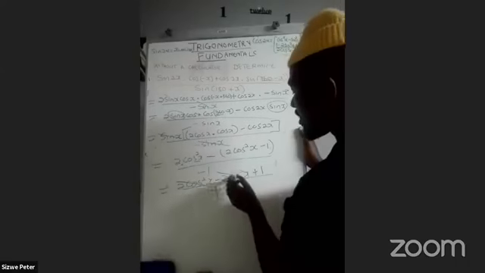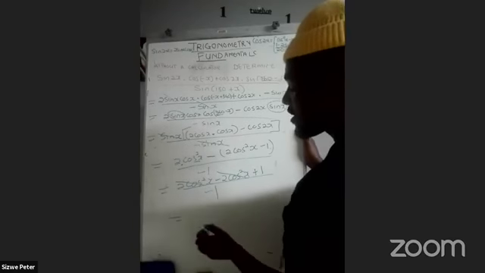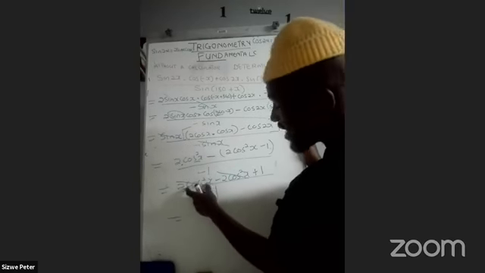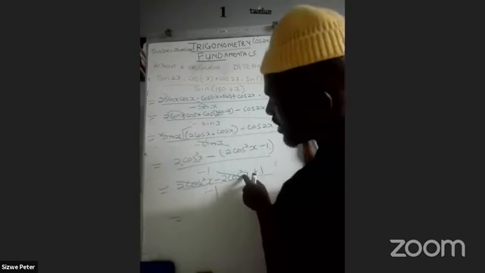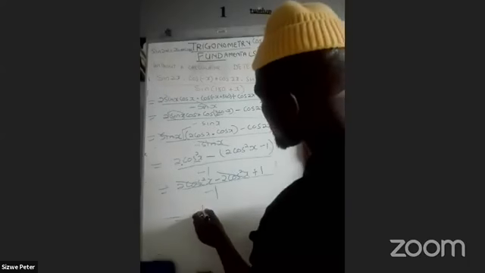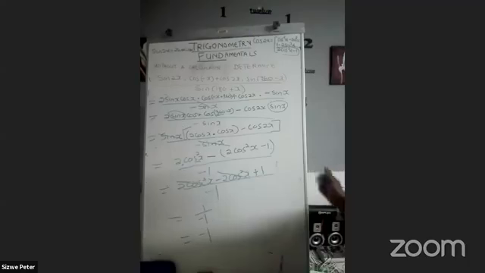This and that, they cancel. These are like terms: 2 cos squared x minus 2 cos squared x. So I have minus 1. The answer is minus 1. That is the final answer.